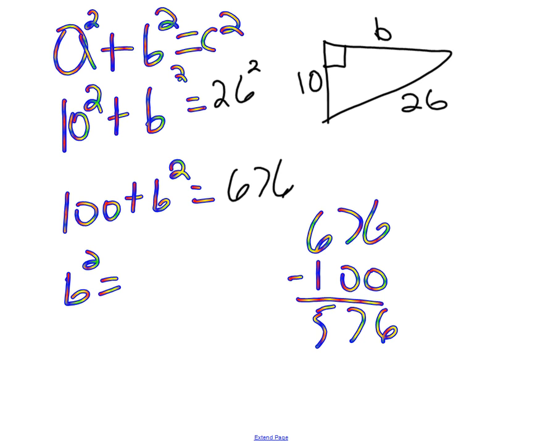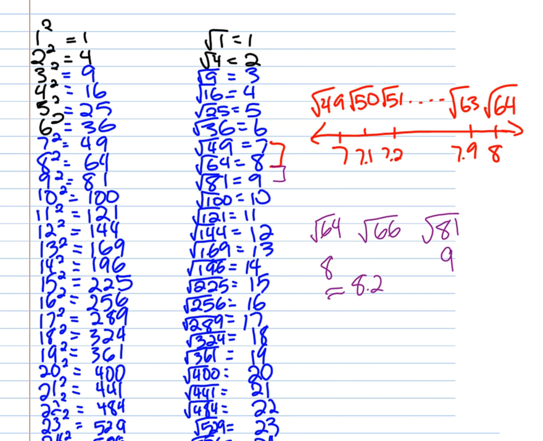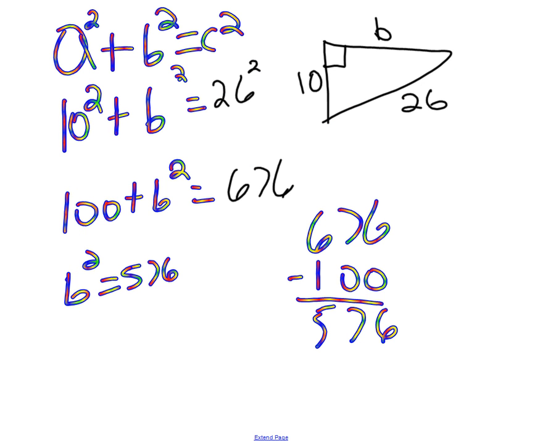So b squared equals 576. So you need the square root of that. The square root of 576 is 24. So just put b equals 24. Do little squigglies though, like that.